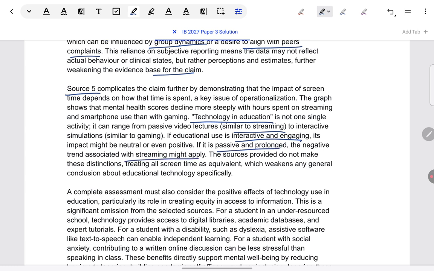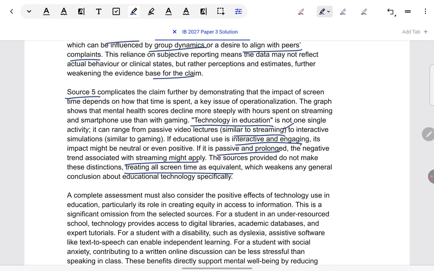So that is good that they have shown all these varieties, but they have treated all the screen time as equivalent. They have given lines separately for all of them, but they have not tried to analyze how these different features or this different nature of usage of technology is having a differential impact on mental health. So that is where it is lacking. So it just weakens any general conclusion about technology as a larger picture.